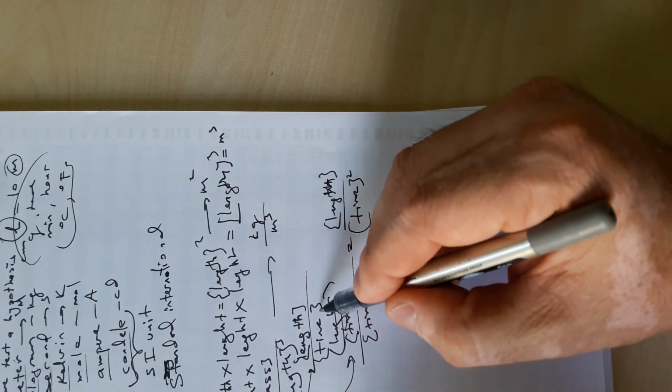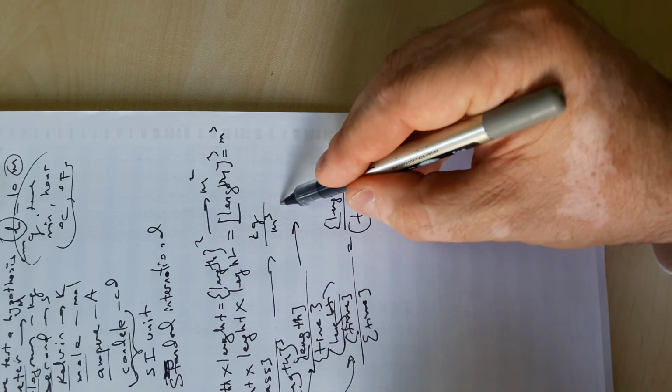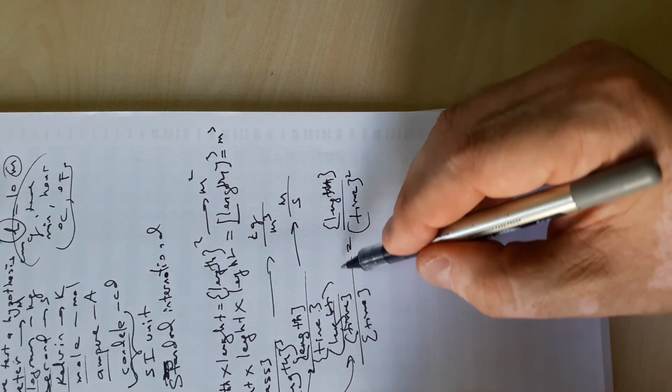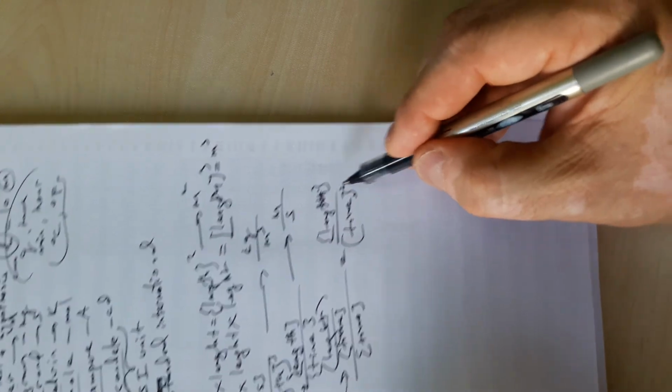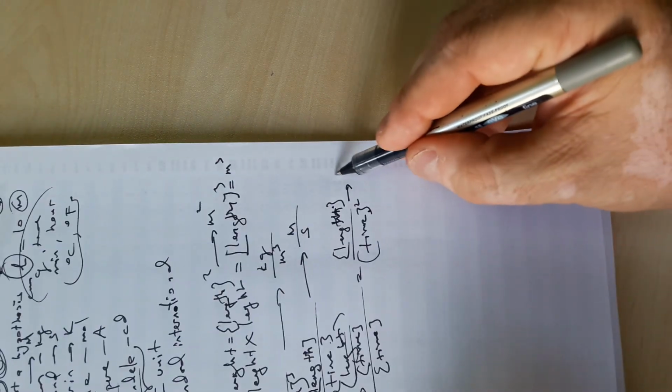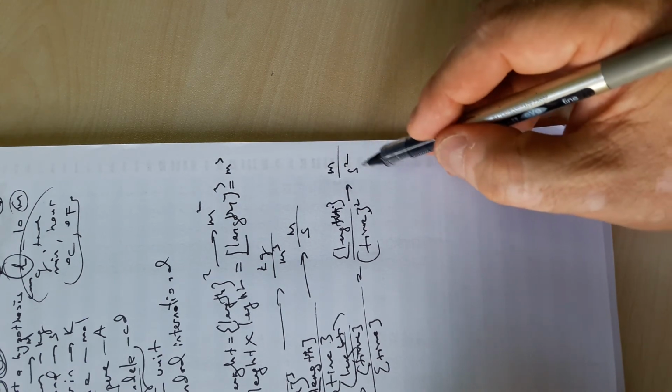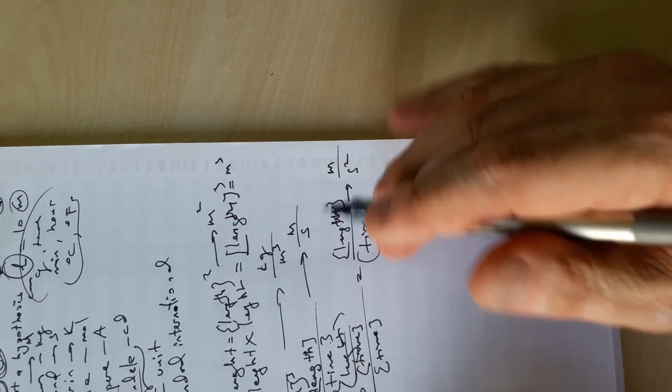Velocity is length divided by time. The unit of length is meter, time is second, so meter per second is the unit of velocity. Acceleration is length divided by time squared. Length is meter, time is second, second squared, so meter per second squared is the unit of acceleration, and so on.